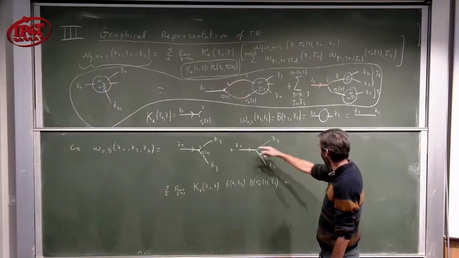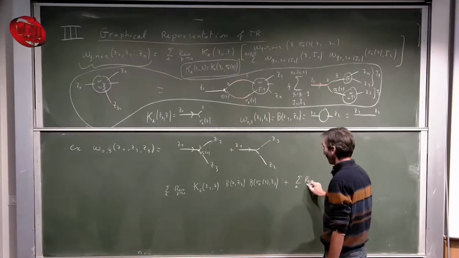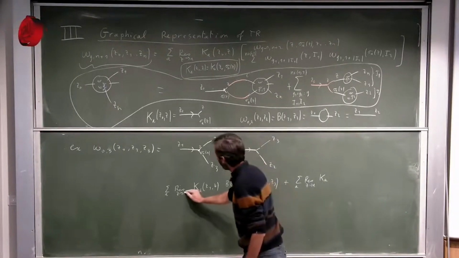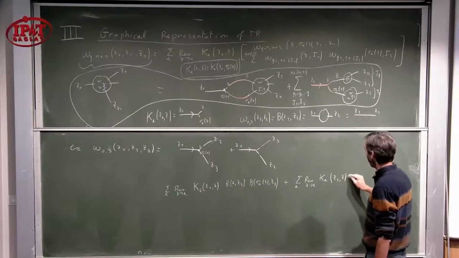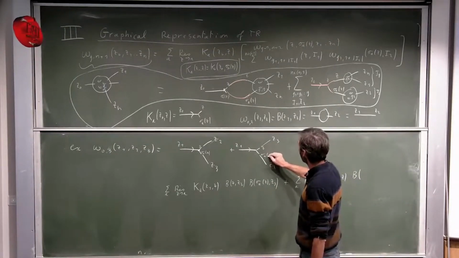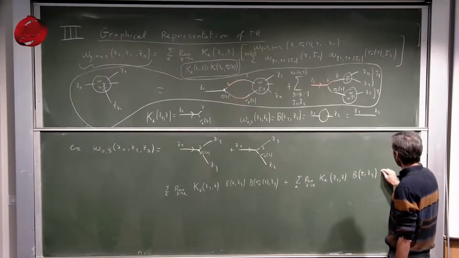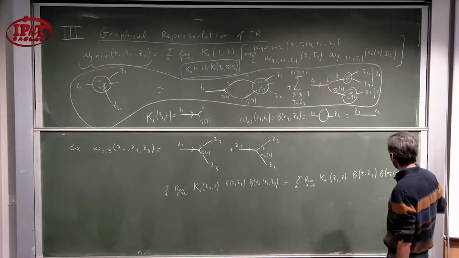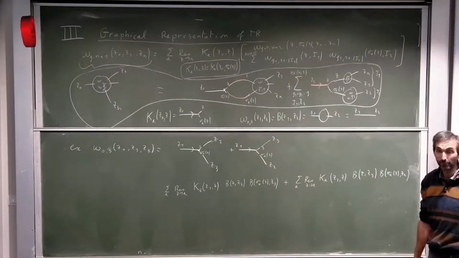The second picture means sum over a, K_a of Z1, Z, B of Z on sigma of Z, Z3, B of sigma of Z, Z2. So this picture just means this formula.